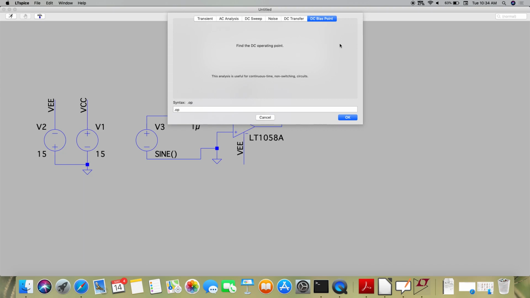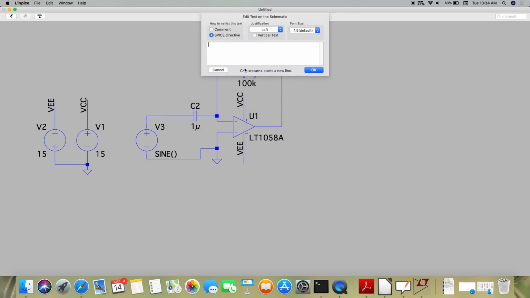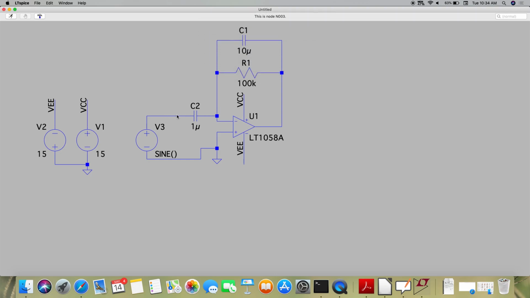Similar to that, you may have DC bias point. Some analyses are also adding something called operating point or Q point. All are synonyms, or all are coming under this category. DC bias point means I want to see how much DC value will be available at different points.